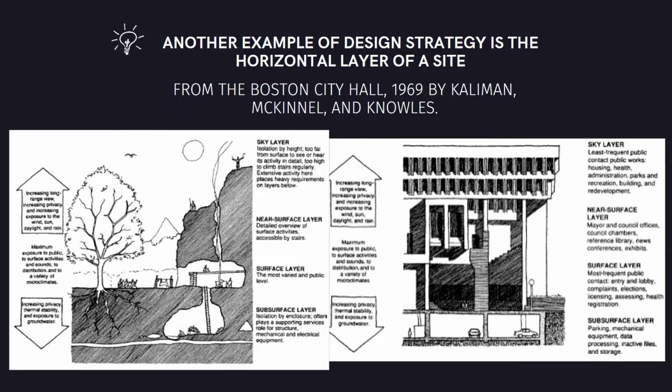In the Boston City Hall, this layer locates the mayor and council's offices, council's chambers, and references, library, news, conferences, and exhibits. And lastly, the sky layer, which is an isolation by height. It is too far from the surface to see or hear, and too high to climb using stairs regularly, so it is the least frequent public contact because of its height.